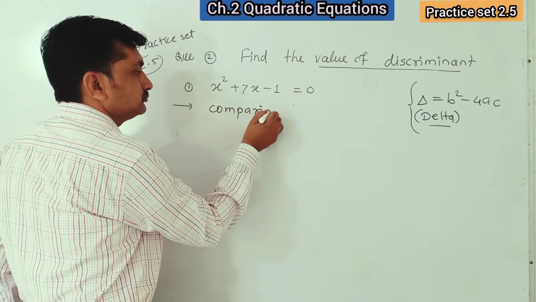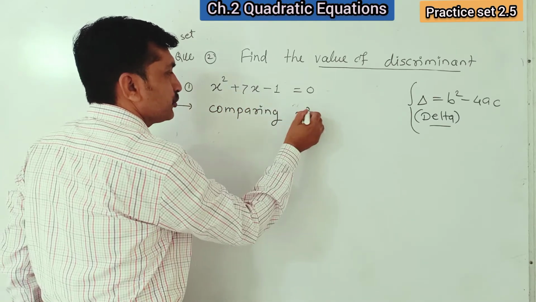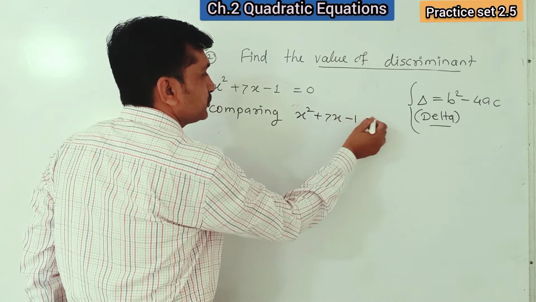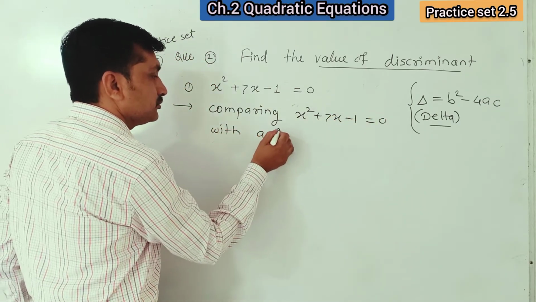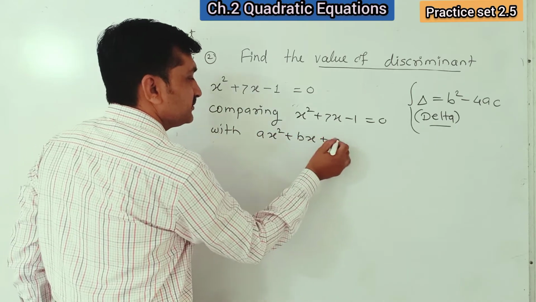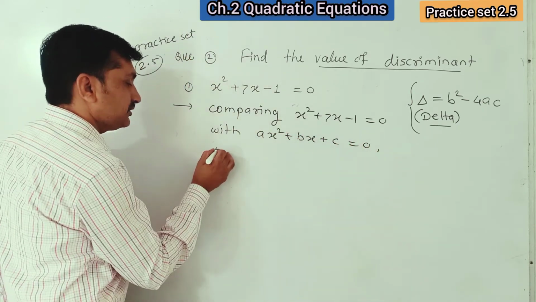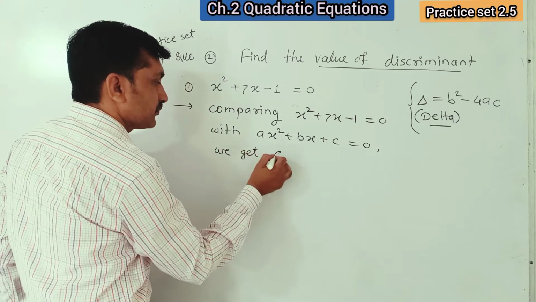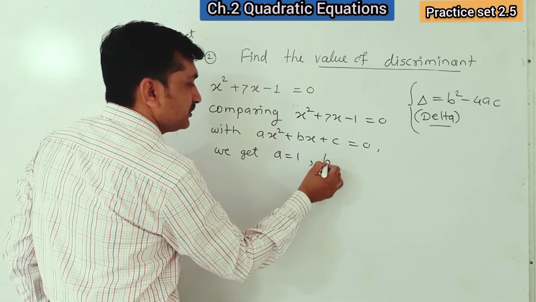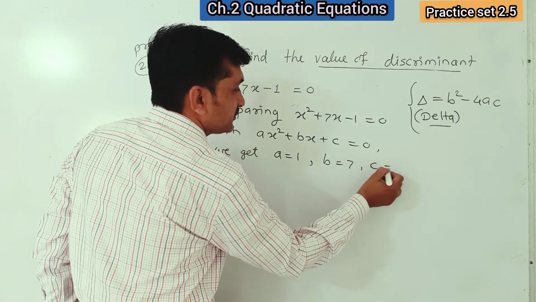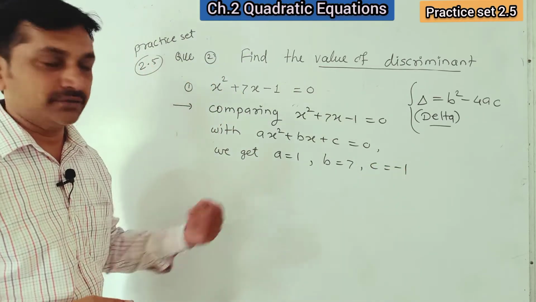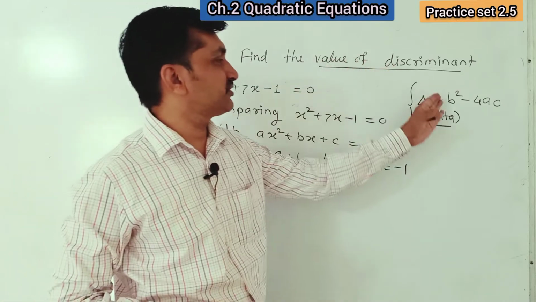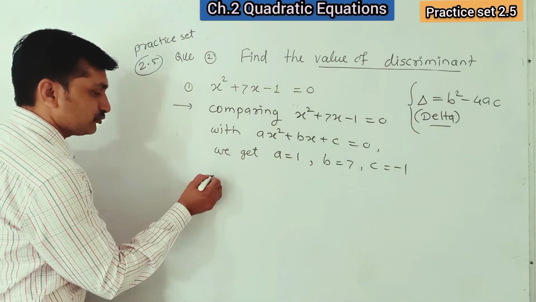Now compare. Comparing the given equation x square plus 7x minus 1 is equal to 0 with ax square plus bx plus c is equal to 0, we get a is equal to 1, b is equal to 7, c is equal to minus 1. Now find the value of discriminant, delta, b square minus 4ac.